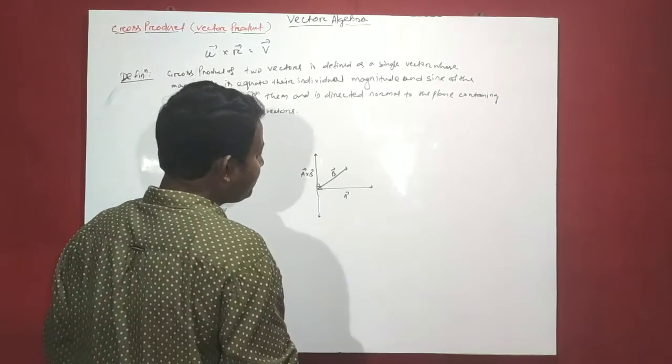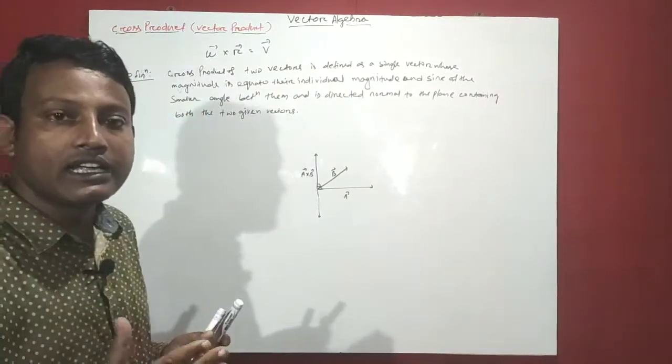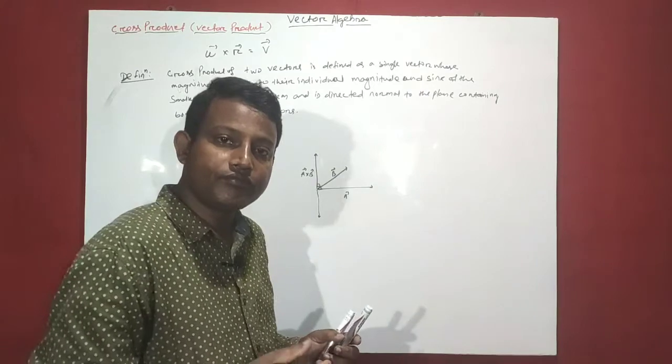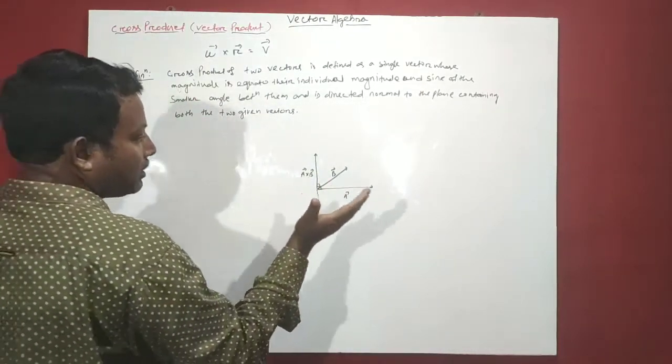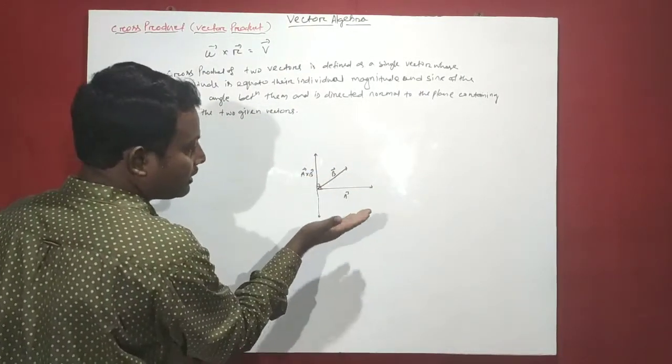So how can we find the direction of A cross B?